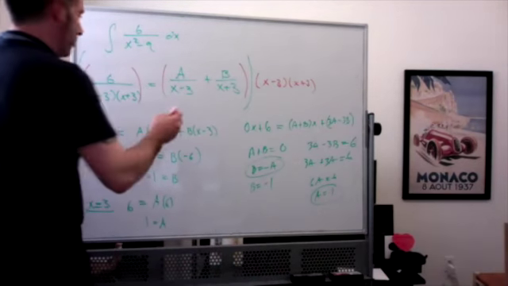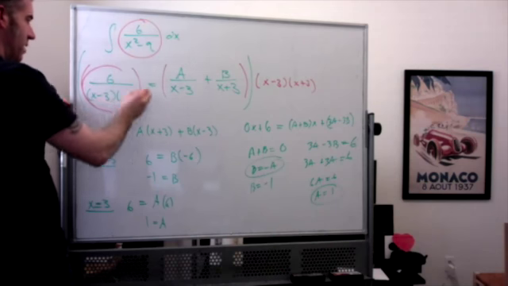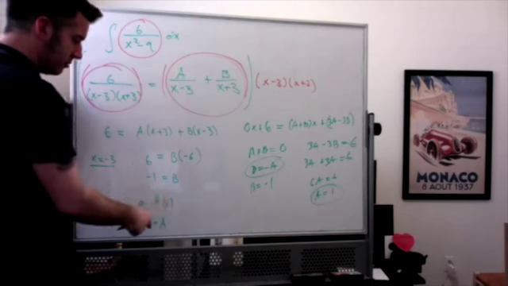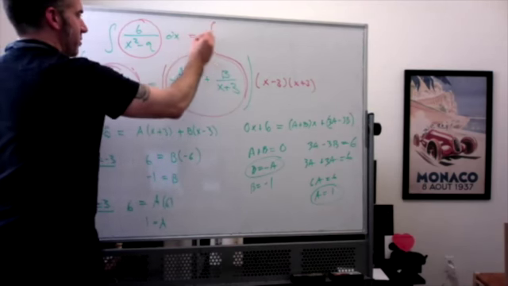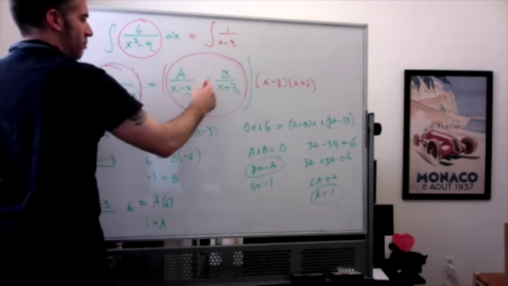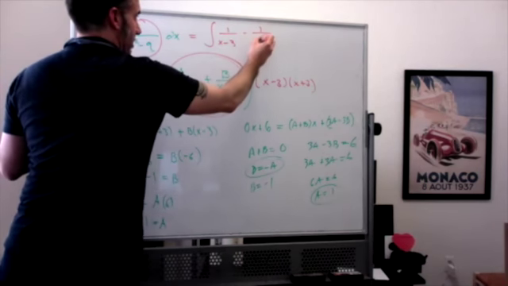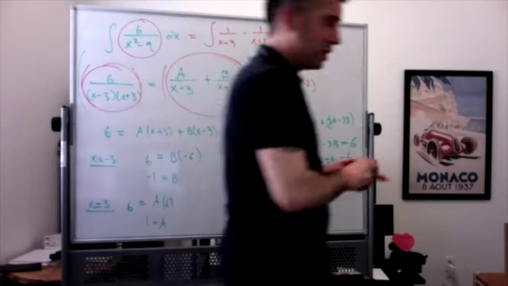So we have to remember, we're saying that this thing here is equal to this thing here is equal to this thing here. a is 1, b is -1. So this integral is equal to the integral of 1 over x minus 3 plus -1 over x plus 3. These are both straightforward to anti-differentiate.